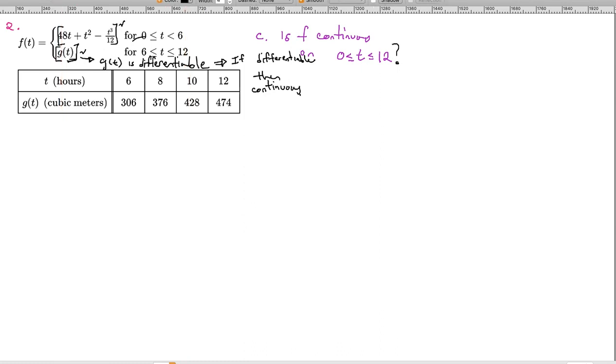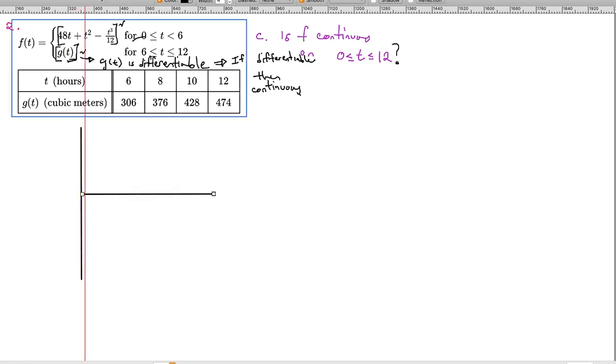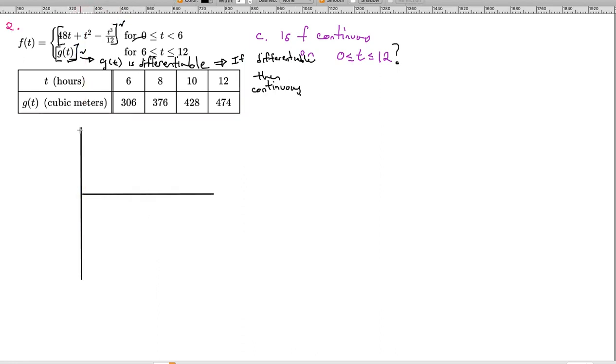Let's just get a rough sketch of f in our minds, and let's not do this in an arbitrary way. Let's understand what's happening with the graph of f. So for 0 to 6, let's say this is 6, and then let's say this is 12.